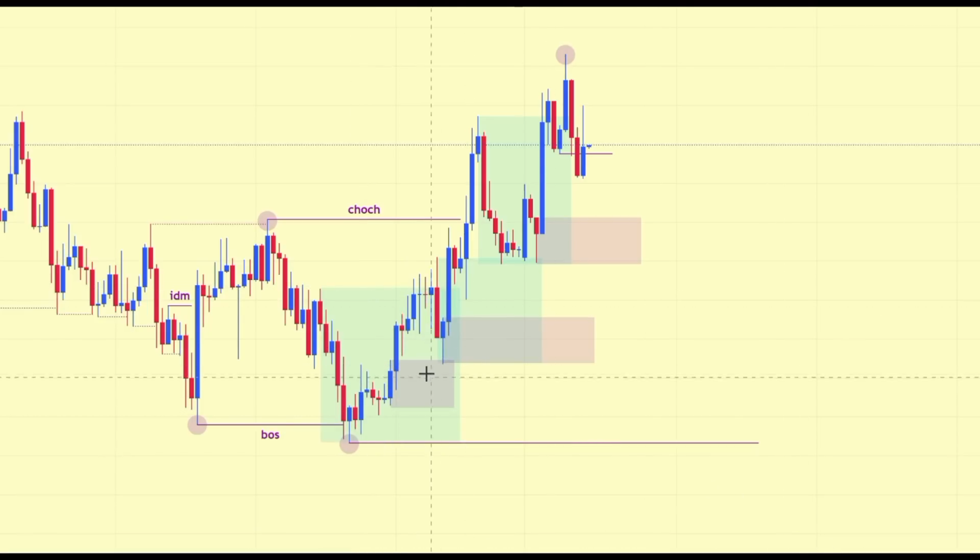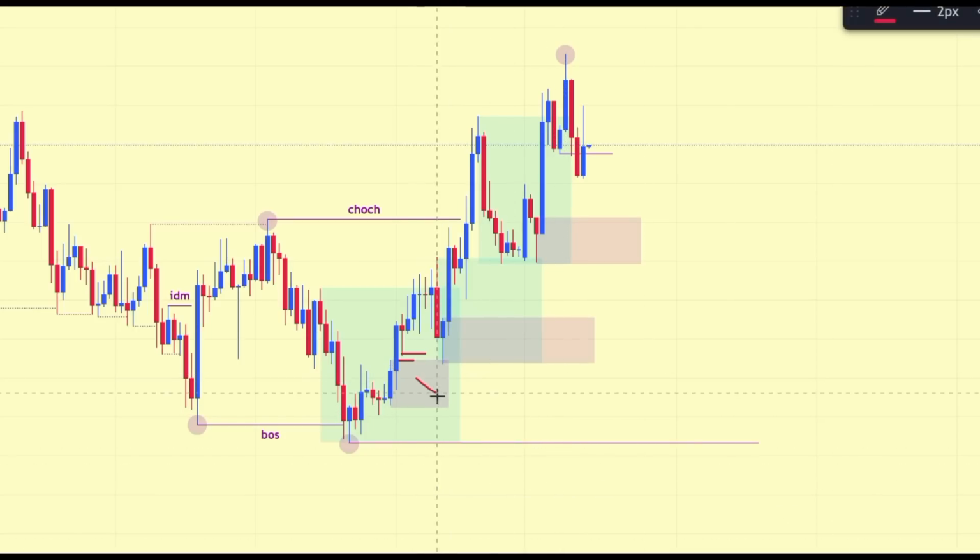The size of the fair value gap does not matter. Right here you can see it's very narrow, but as I said, the size does not matter. The order block still counts as valid. In this order block located in our mitigated extreme order flow, we can clearly see it's mitigated. So this means now it's invalid.